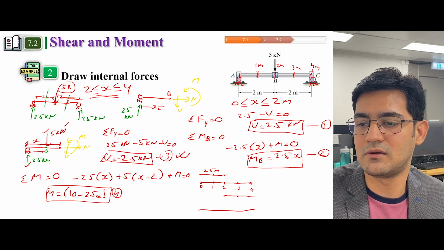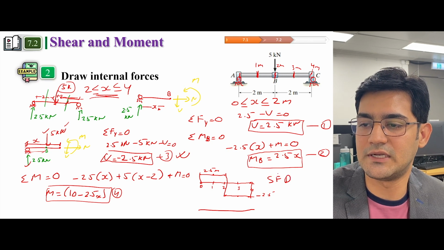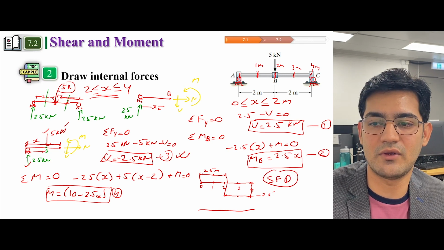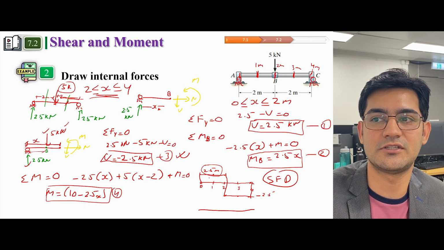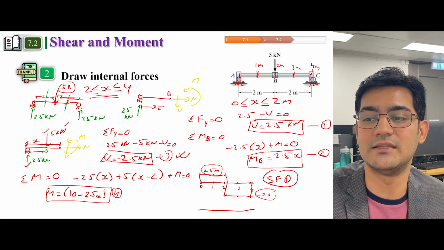So this is minus 2.5. So if you join the blocks, this is the shear force diagram. So you can see that you have positive shear in the first half of the beam and negative shear of 2.5 kilonewton in the second half.